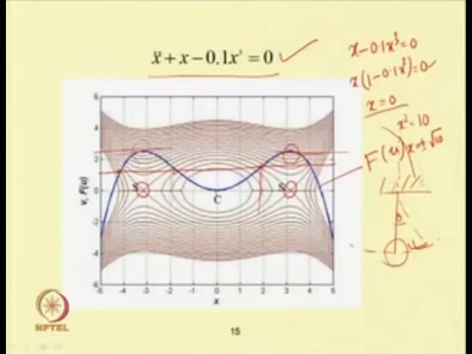Corresponding to these 2, the maximum points, we have saddle points. In between these 2 saddle points the response of the systems is periodic, and outside the saddle points we have 2 solutions. So, in this case near the center we have periodic response of the system.